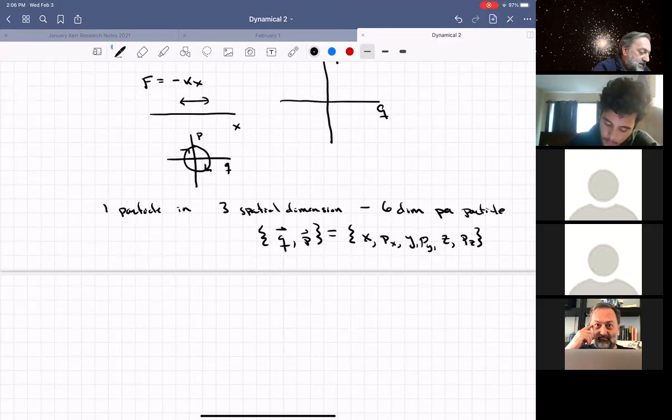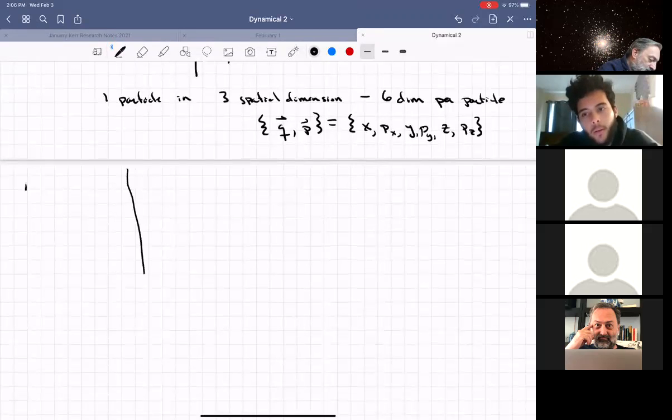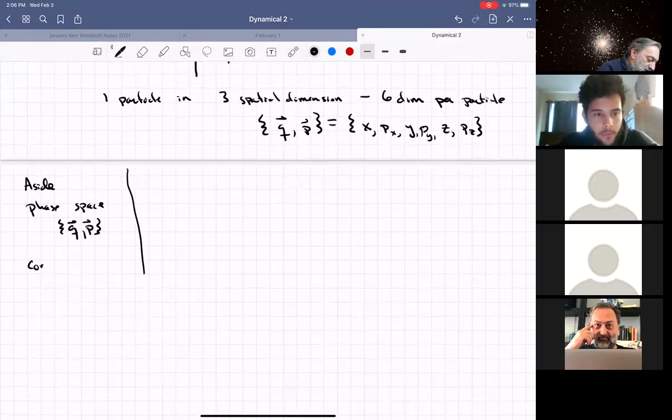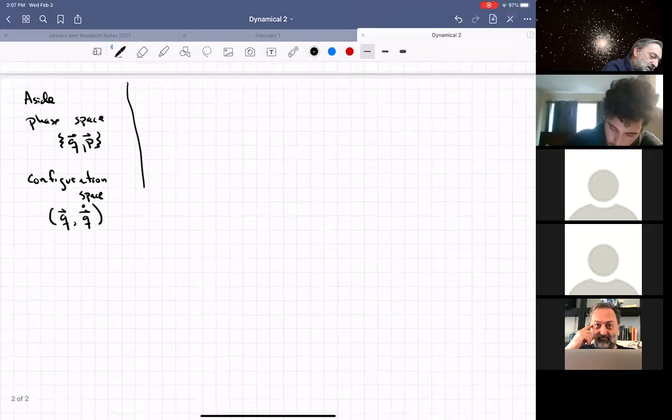Now, while we're at this, I'm just going to make an aside. We're thinking of phase space as the space of the Q and P. And the name that we want to apply to the space of Q and Q dot is called configuration space.